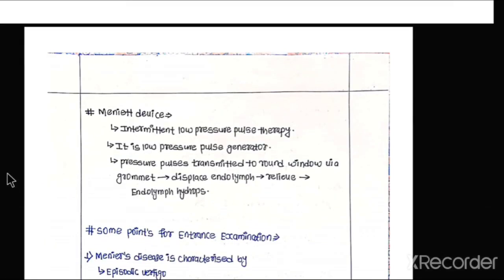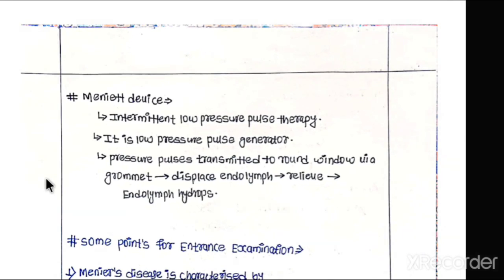This is also called intermittent low pressure pulse therapy. It is a low pressure pulse generator. Pressure pulse transmitted to the round window by the grommet displaces endolymph, relieves endolymphatic hydrops so that symptoms like vertigo, sensorineural hearing loss, and tinnitus get relief.